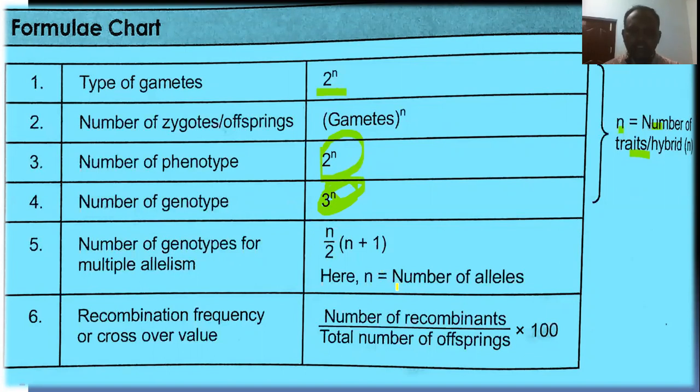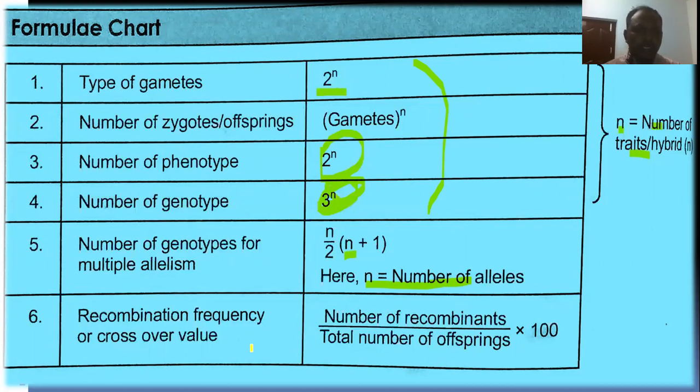Here n is nothing but number of alleles. Up to this we studied n as number of trait or hybrid, but here n means the number of alleles. So suppose one character is expressed by 3 alleles, then n is 3. So n by 2 into n plus 1.